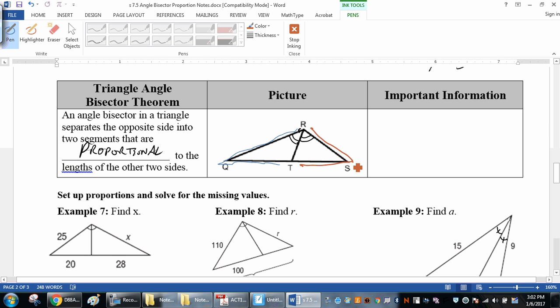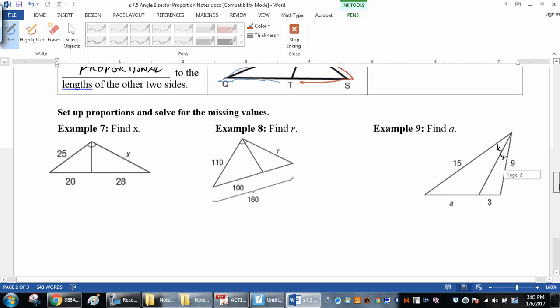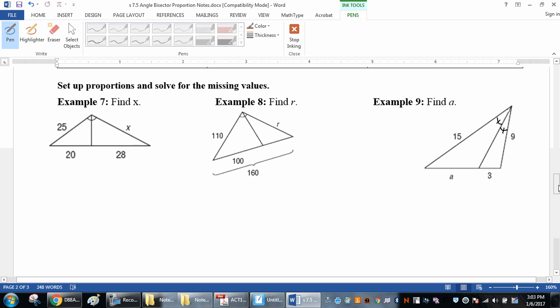So RQ over that piece on its side equals, then we go to the other side, RS, and the piece of that side. That's the proportion that we're going to set up. Once you get this idea, this is really straightforward.